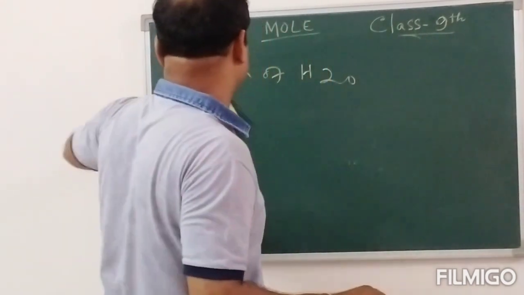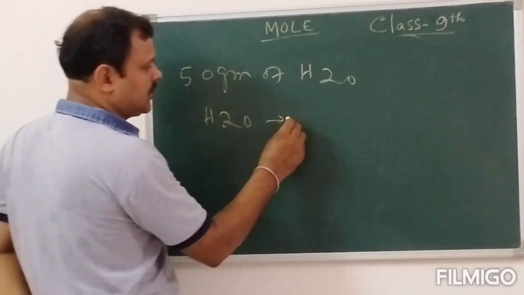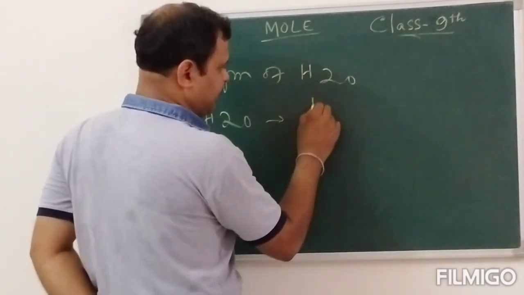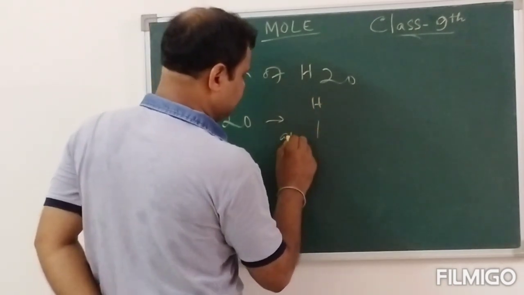Now, H2O has atomic mass how much? Hydrogen has 2 atoms and oxygen has 1 atom.